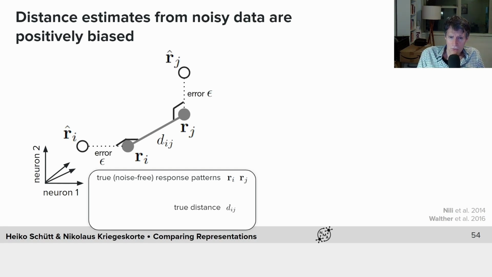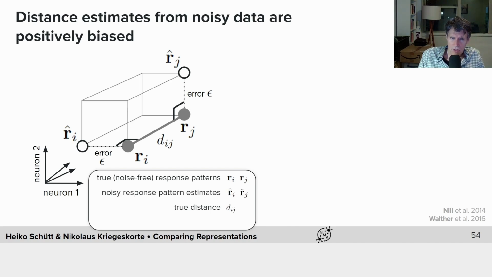And in a high-dimensional space, if the noise is isotropic, I'm assuming that here just to illustrate this, these error displacements that our pattern estimates are affected by will be approximately orthogonal to each other and also orthogonal to the connection line between the two true patterns.